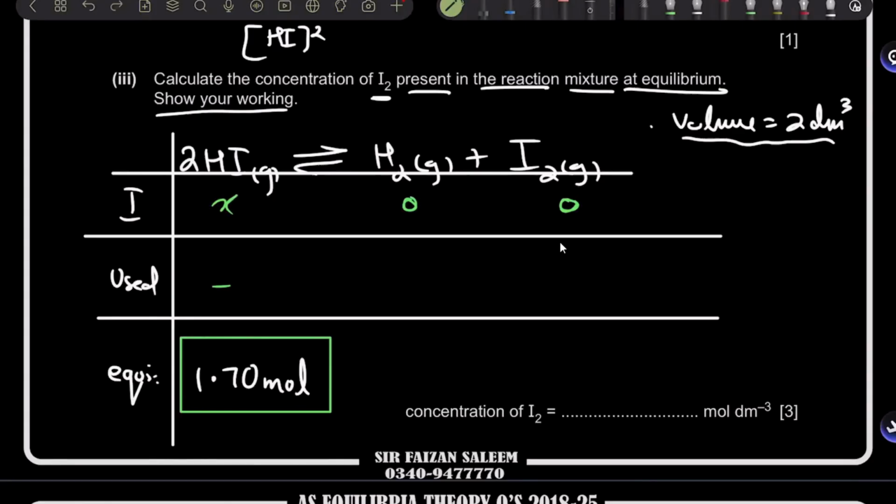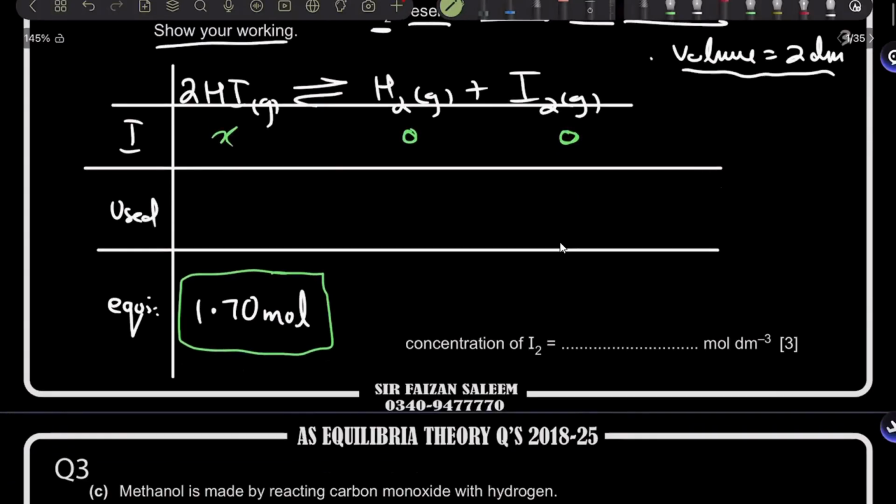Or let's do it in the reverse order because the ratio would mess up if I start from HI. So if I start from H2 or I2, I need to find the concentration of I2 at equilibrium. Now, in order to find the equilibrium concentration, I'll assume that in this reaction, X moles of I2 were formed over here. Right? Yep. Now, forget about the initial moles of HI.